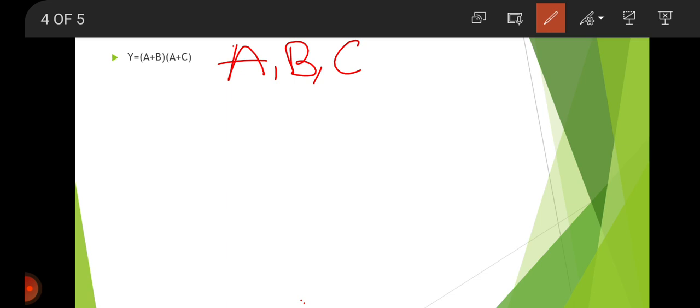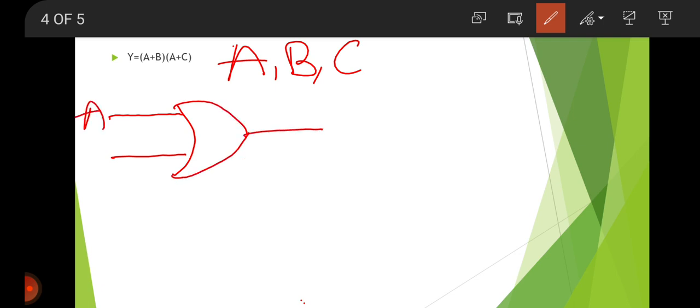Therefore, draw first A OR B. Put A here, B here, and OR it. Therefore, this is A, this is B. Therefore, this is A + B.